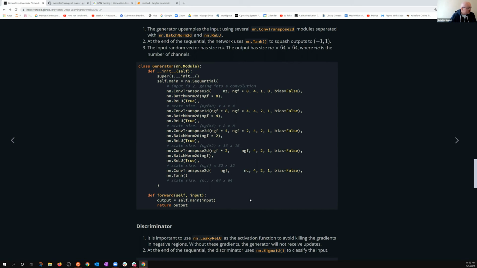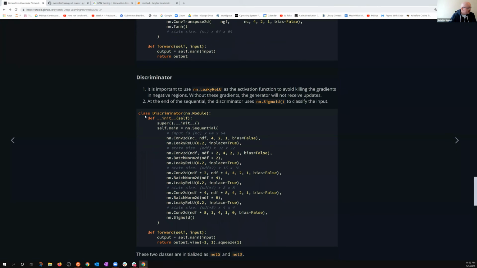So that's the generator, which is providing the upsampling, and then we have the discriminator, which you can think of as essentially a classifier. It takes the input with the number of channels, whether you have color or not, and from that it does classification using a sigmoid, a standard classifier based on an image, using convolutions.